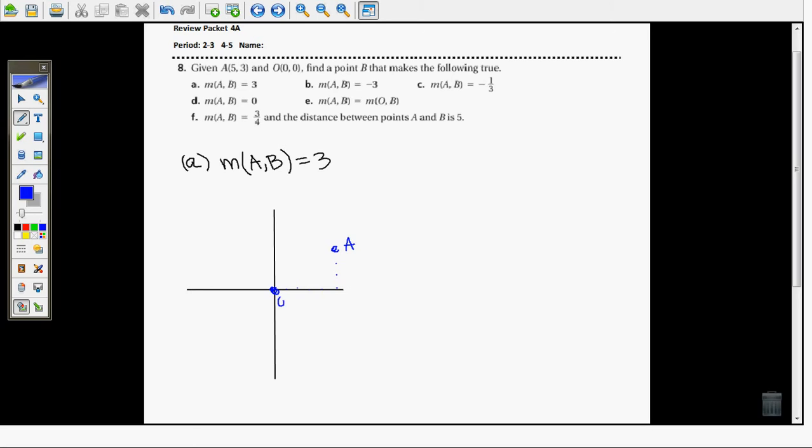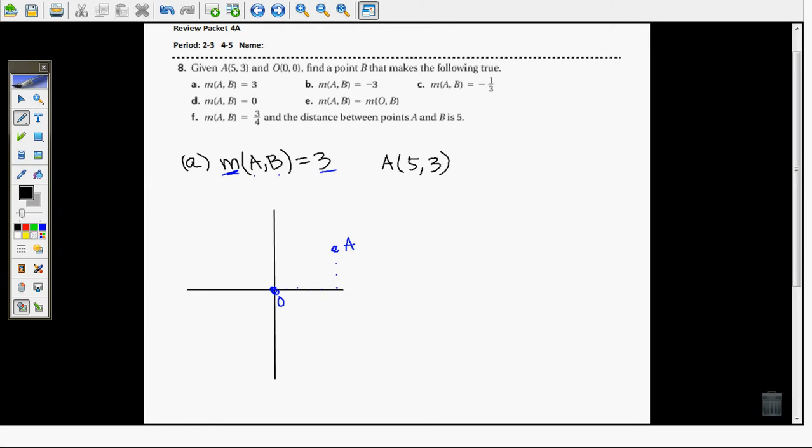And it says point B. So the slope between A and B has to be 3, and we know that point A is 5, 3.